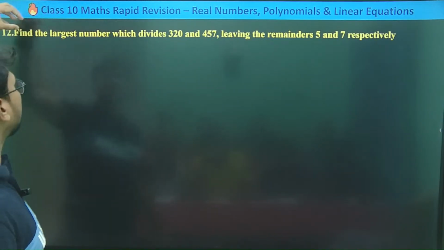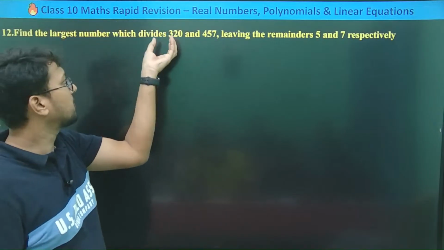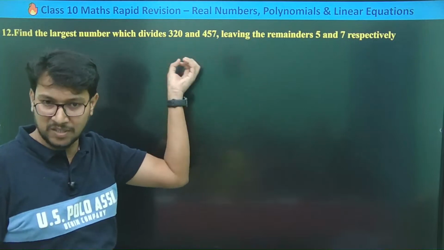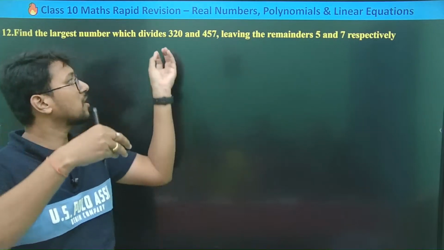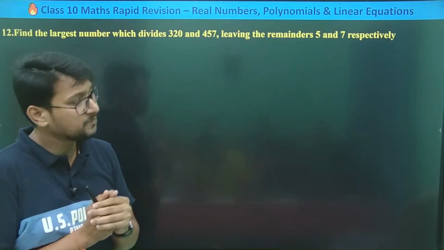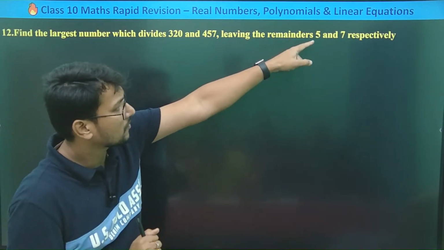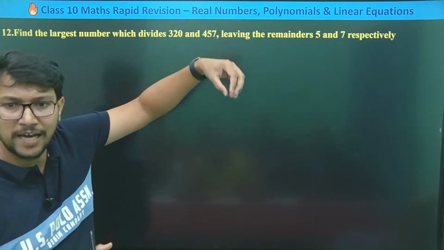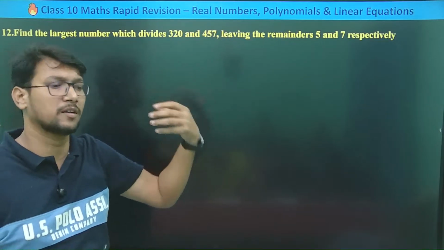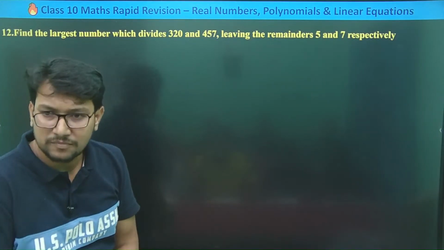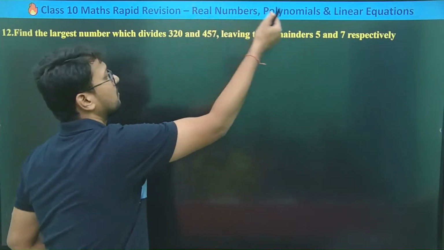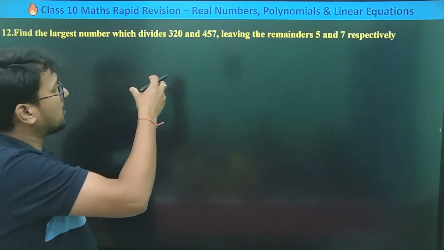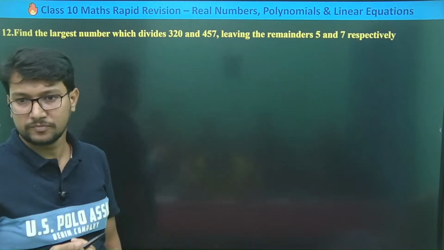Whenever we find the largest number which divides these numbers, it is smaller than both. Leaving remainders 5 and 7, how will it leave remainder 0? If we subtract 5 from 320 and 7 from 457.